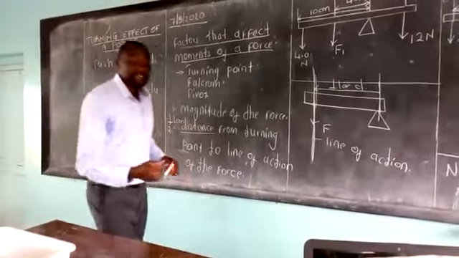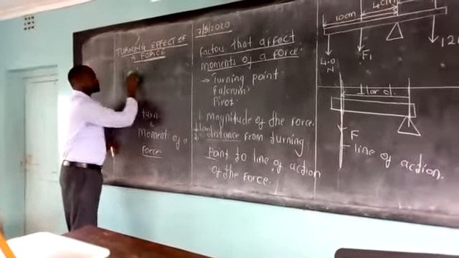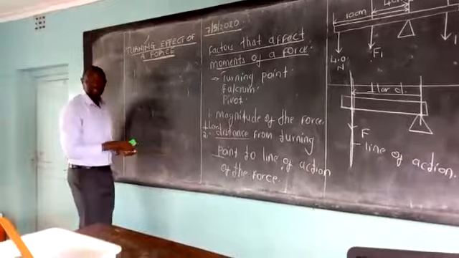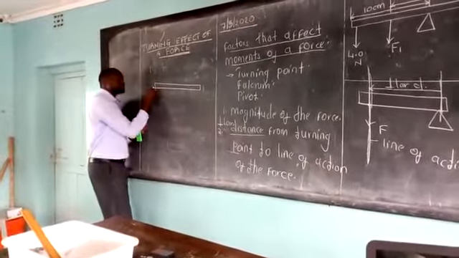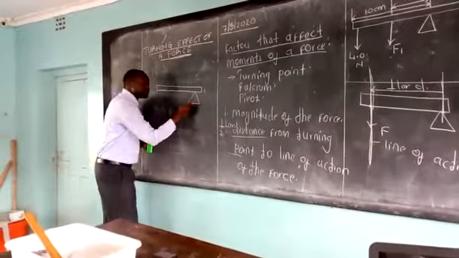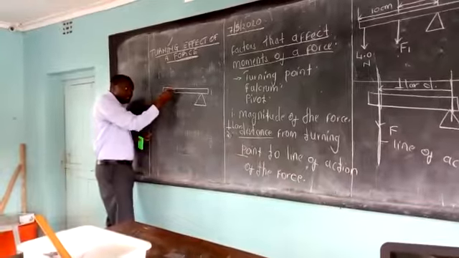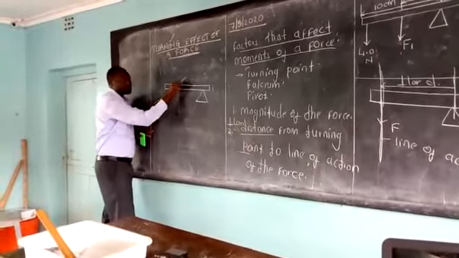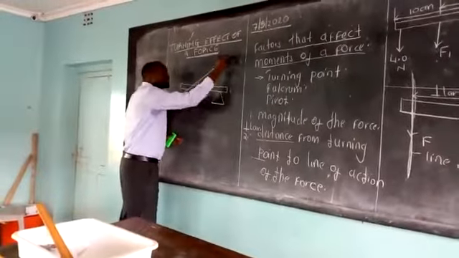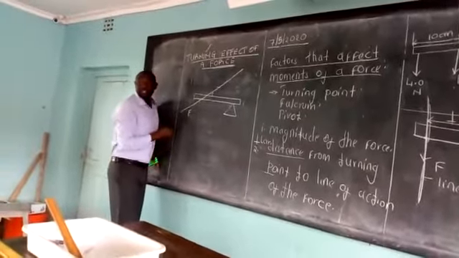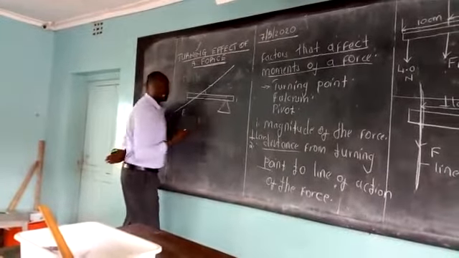We could have a different situation with such a system, this being the turning point, where the force acts on the system at an angle. This is the force, and this is the line of action. You notice that now we won't get our perpendicular distance along the system.